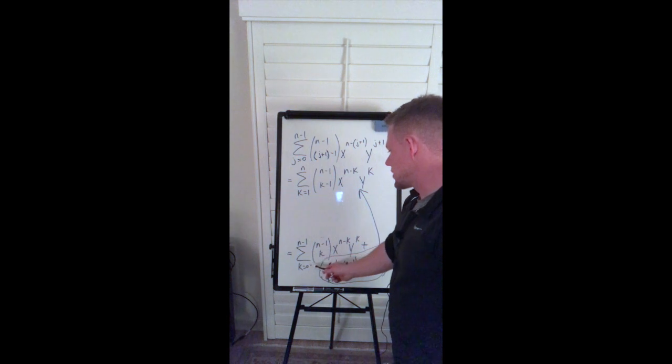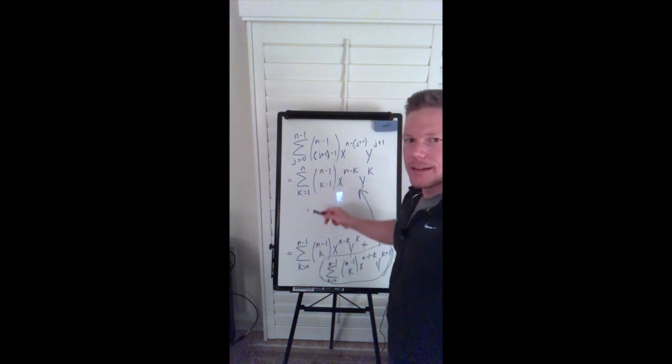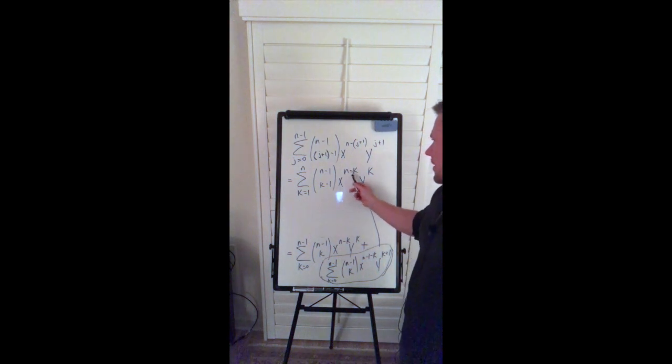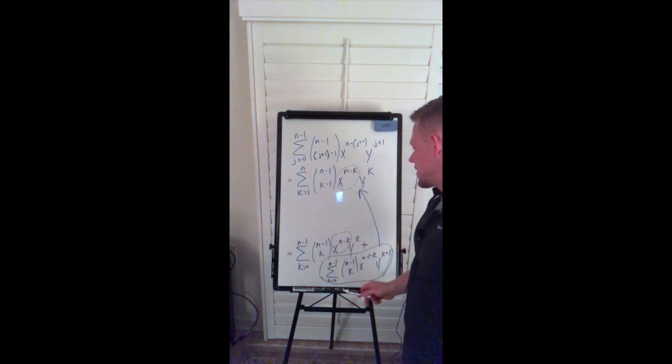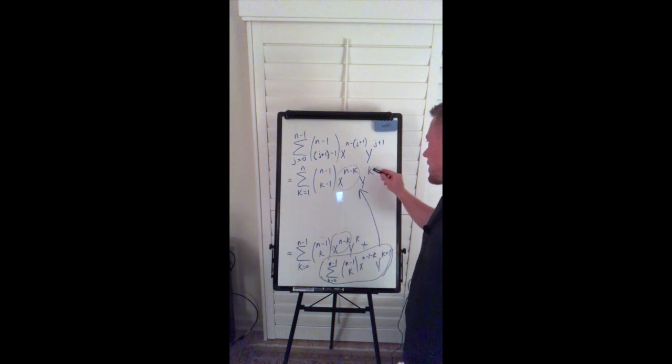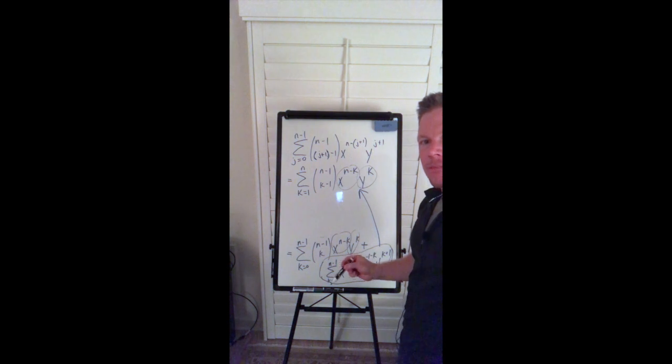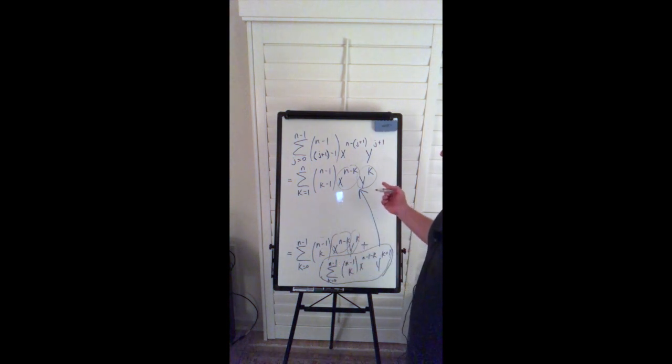The incrementers are slightly different. We start at k equals 0, we end at n minus 1. Here we start at 1, end at n. But we have an x to the n minus k and an x to the n minus k. We have a y to the k and we have a y to the k. So I can actually go ahead and combine most of the terms.